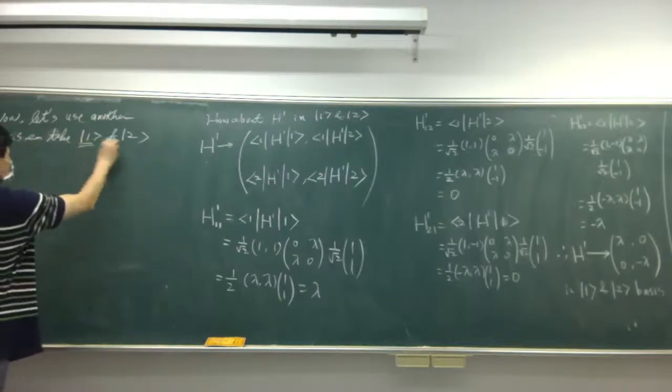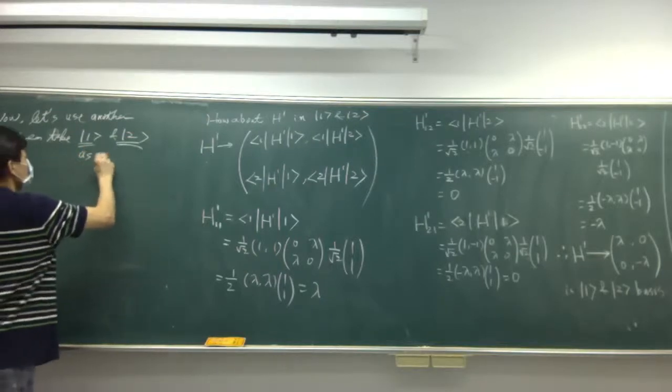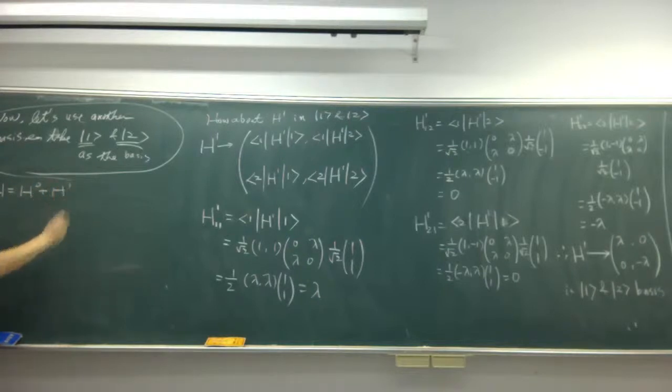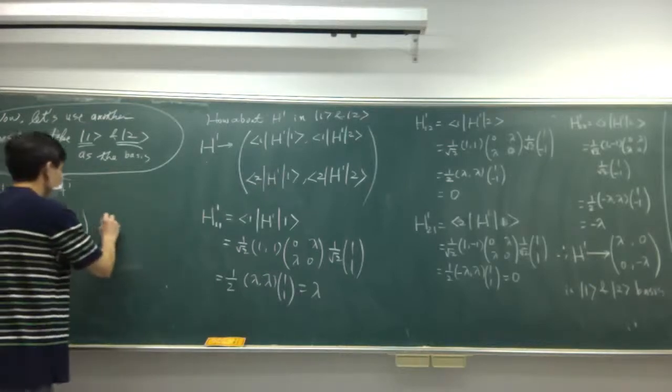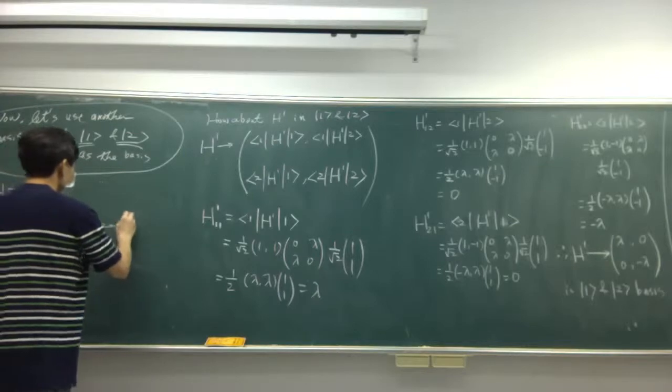If I take |1> and |2> as a basis, if I change the basis, my Hamiltonian H1 goes to lambda and minus lambda, which is diagonalized, already all diagonalized.